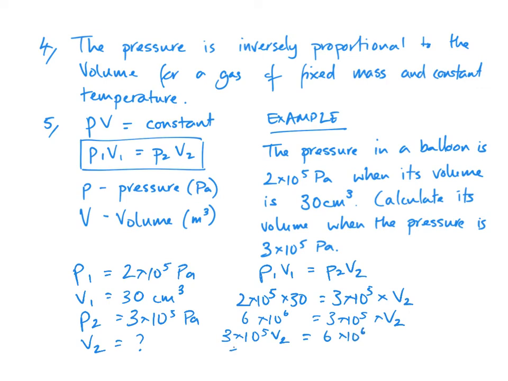Then divide both sides by 3 times 10 to the 5. And that gives us a final answer of 20 cubic centimetres. And like I said, I can use the cubic centimetres on both sides here, because as long as I'm consistent on both sides with pressure and volume. We'll see that's not the case with temperature. We'll explain why that is when we get to that bit.